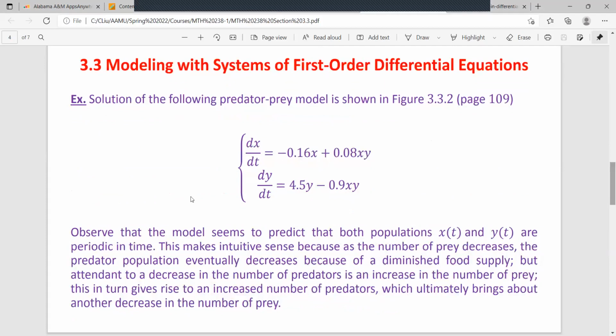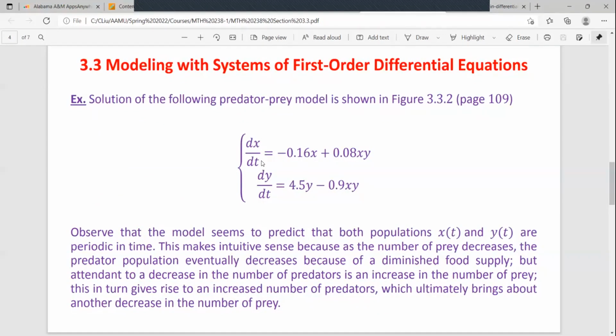So suppose the differential equations we have are dx over dt equals negative 0.16x plus 0.08xy, and dy over dt equals 4.5y minus 0.9xy. Again, x is the population of foxes, and y is the population of rabbits.